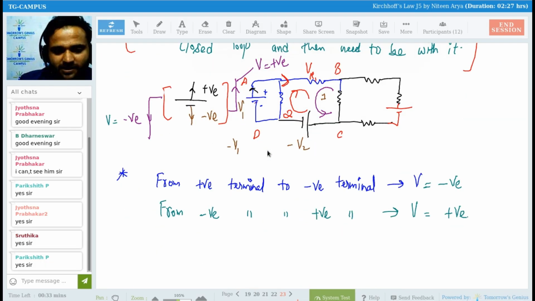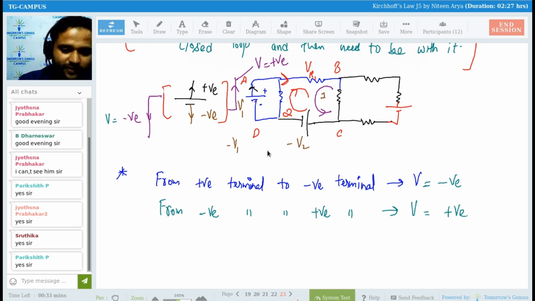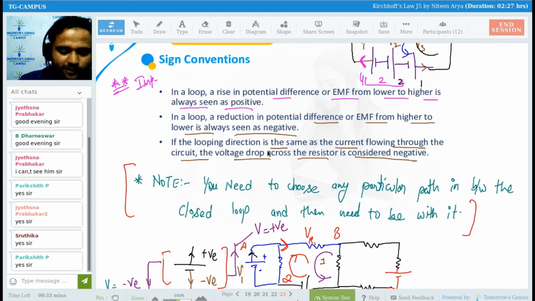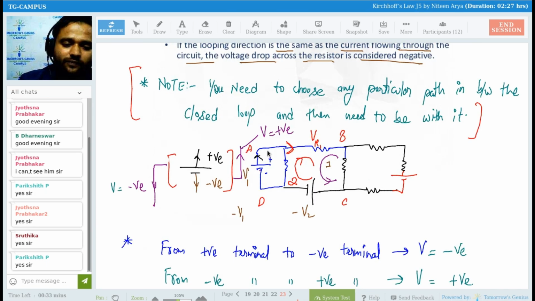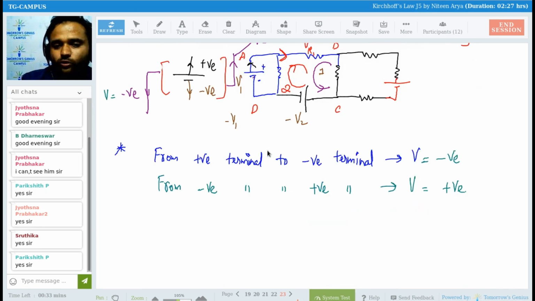As you can see, this is higher, this is lower, so we take negative. This is lower, this is higher, so we take positive. That is the first point. The second, in a loop, a reduction in potential difference or EMF, higher to lower, is always seen as negative.